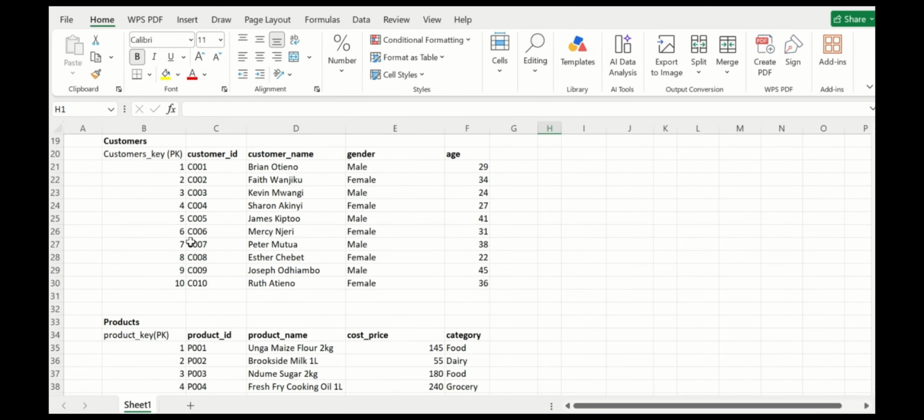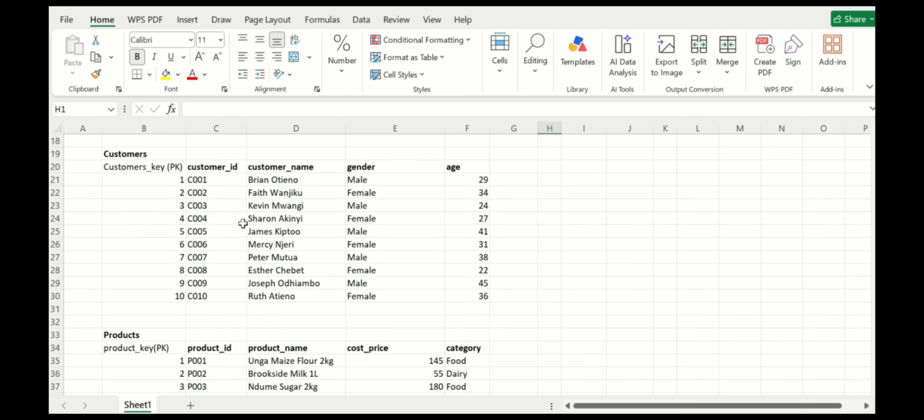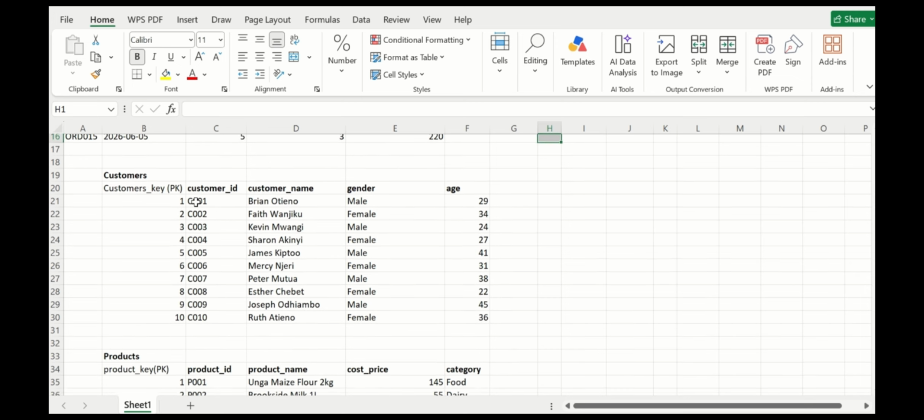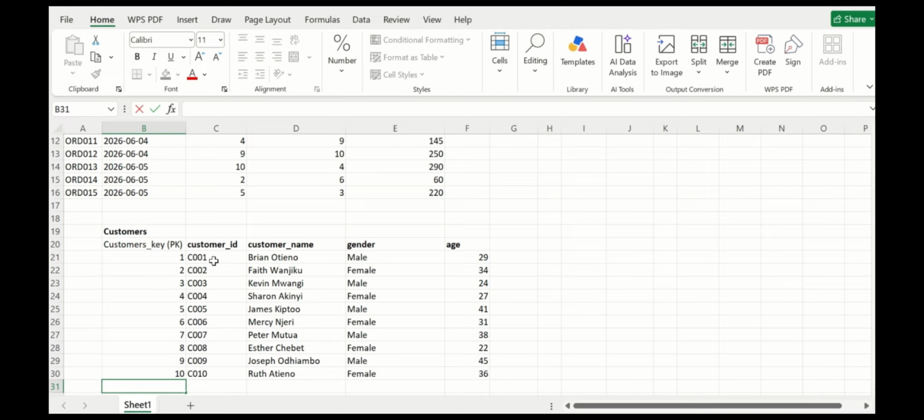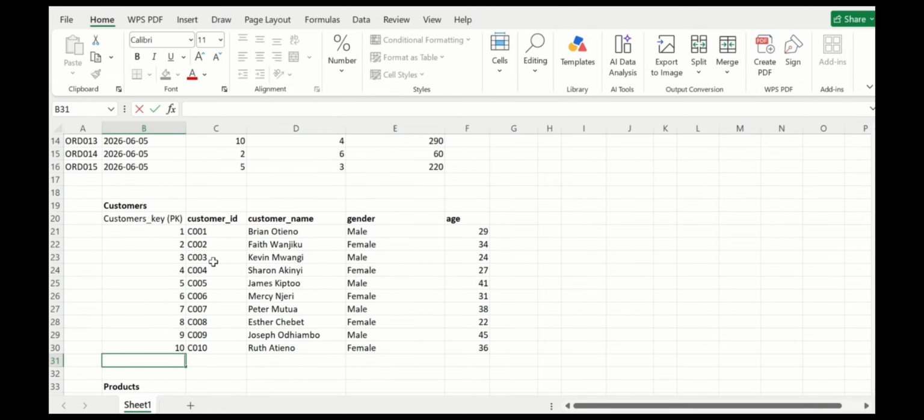And if, for example, a new customer buys a new item, first of all the new customer will have to register. So if it's new, then we'll have to register, so it will be maybe 11, and then the customer ID, the customer name, the gender, or the age. When he does the registration, his details will be populated in the customer table.